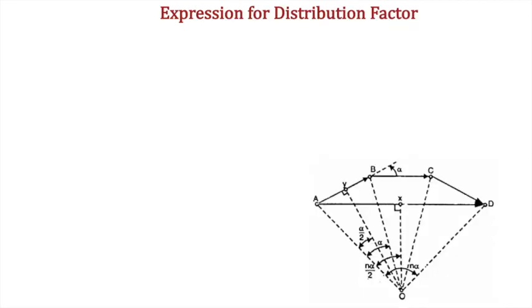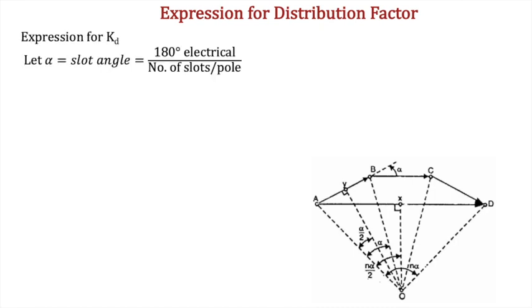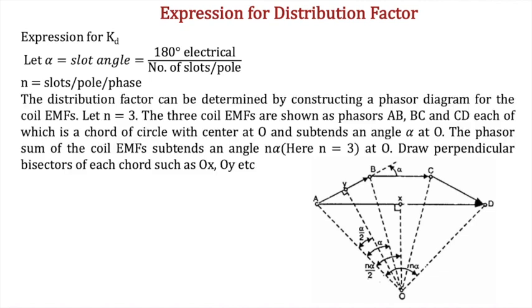So to derive the expression of the distribution factor, here we have considered 3 slots for the distribution of the single phase per pole. So for the expression for KD, alpha is the slot angle, and the slot angle is equal to 180 degrees electrical divided by the number of slots per pole, and N is the slots per pole per phase.